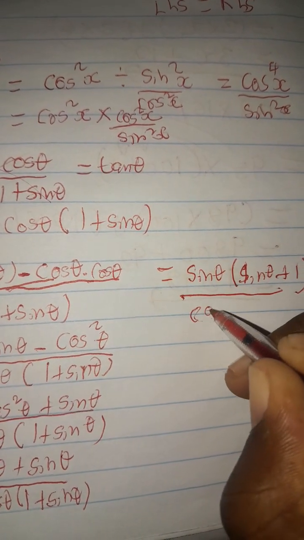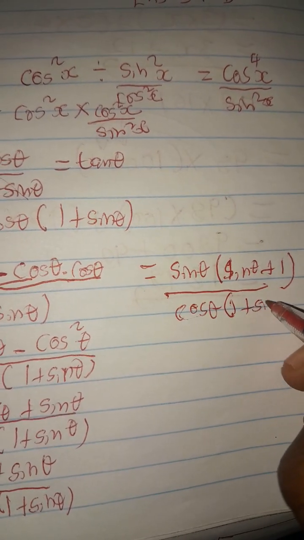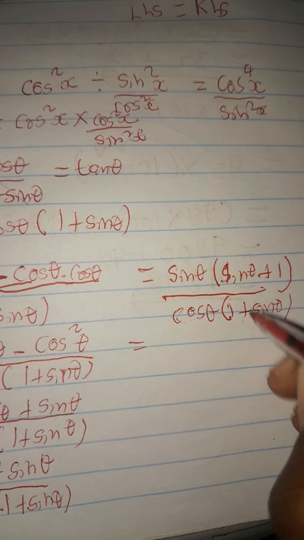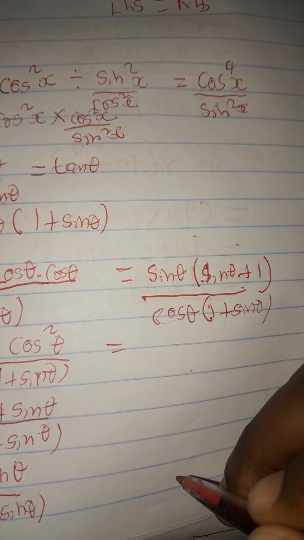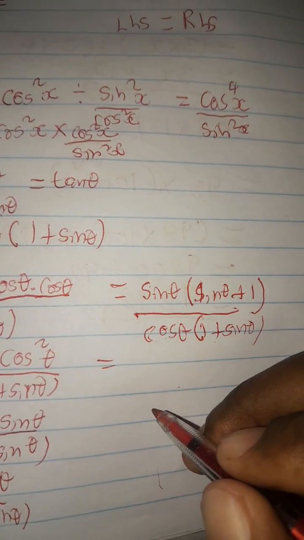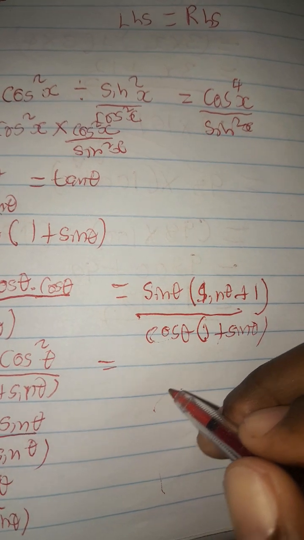Divided by cos theta times 1 plus sine theta. What is happening? This thing and this thing are the same because of the commutative property. When you have 1 plus 2, it's the same as having 2 plus 1. So 1 plus sine theta is the same as sine theta plus 1. It's a matter of arrangement, but it's the same thing.